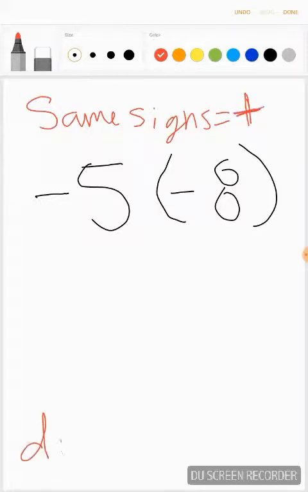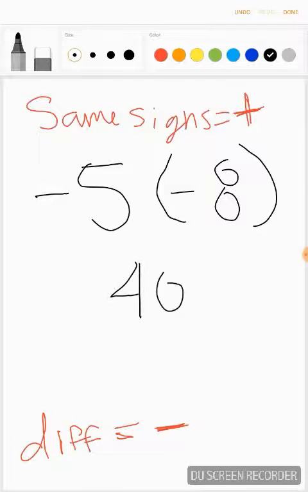If they're different, it will give us a negative answer. So same signs, we know it's going to be positive. So now we just have to multiply. So 5 times 8 is 40. Same signs means it's positive, so you have a positive 40.